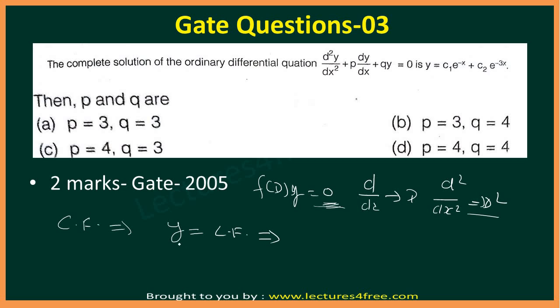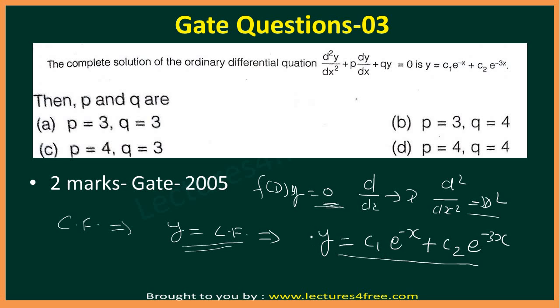Okay, so you don't need to calculate this because it is already given to you, that is y is equal to c1 e to the power minus x plus c2 e to the power minus 3x. By observing this solution, you can guess the roots of the auxiliary equation.